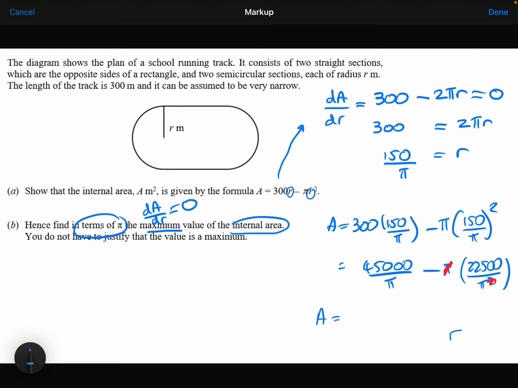The 45,000 over pi minus the 22,500 over pi is 22,500 over pi. And that is the exact value of the maximum internal area.